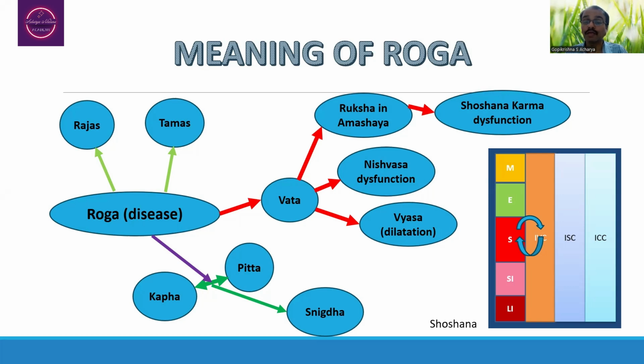And in terms of the prakopa karma, for example vyasa, sramsa, vyadaswapa, etc., that is the dilatation of the part of the body's function, that can be considered as abnormal functioning of vata dosha, which is considered to be roga.